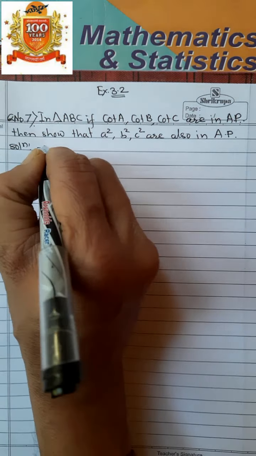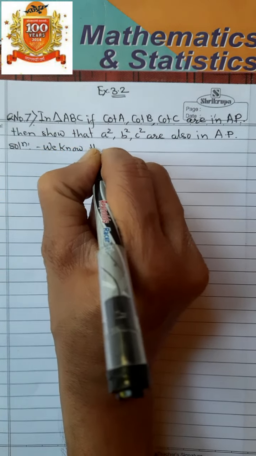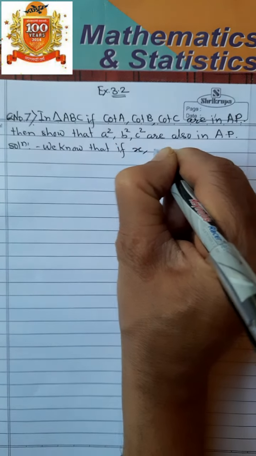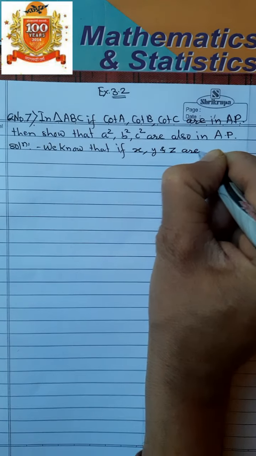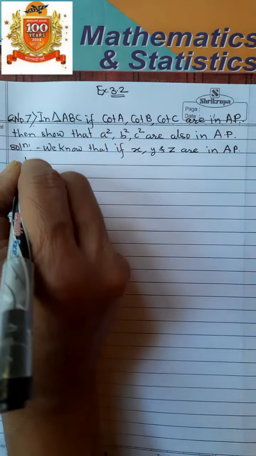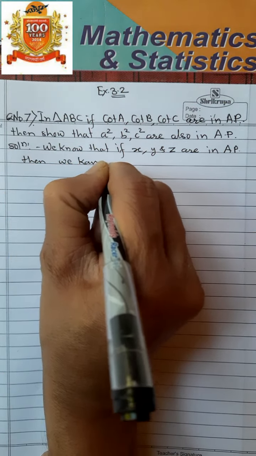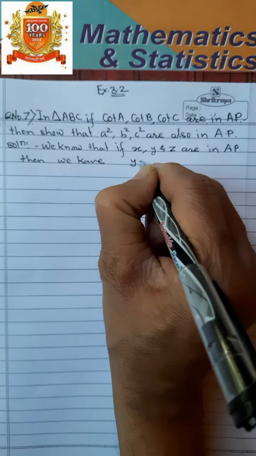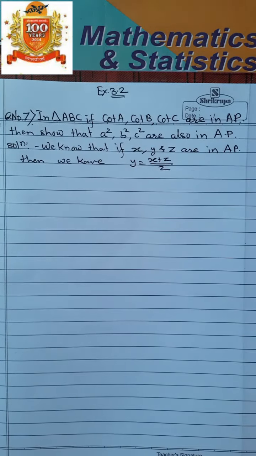We know that if three numbers x, y and z are in AP, then we have y is equal to (x plus z) upon 2.